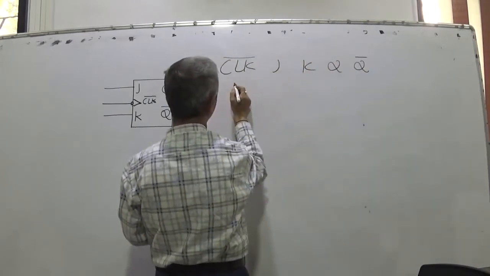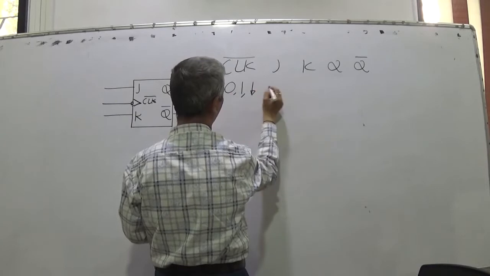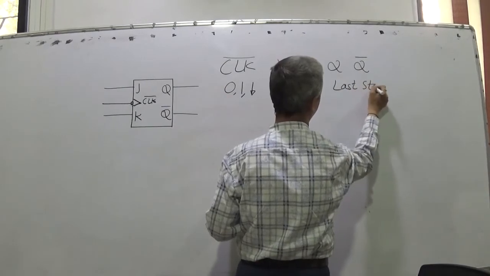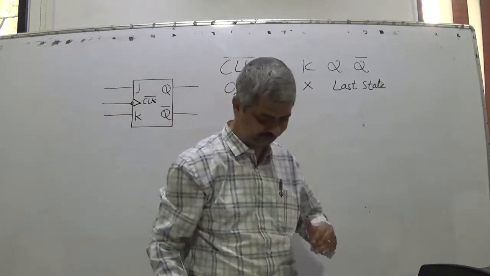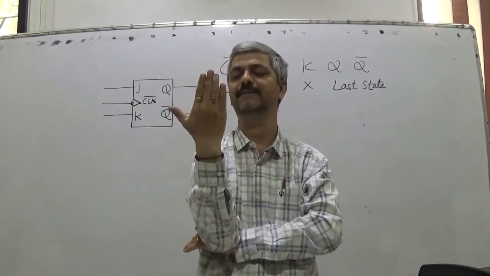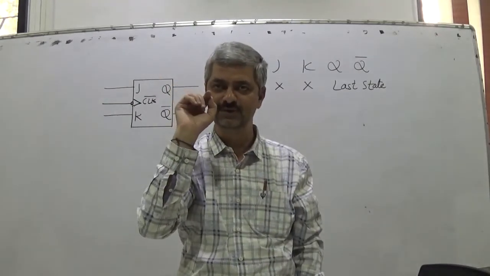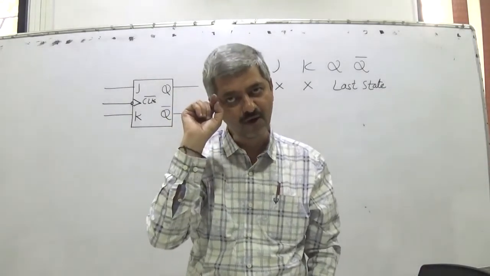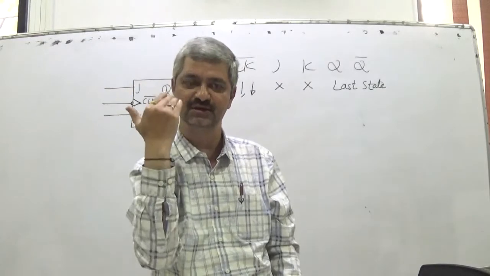When clock bar is 0, when clock bar is 1, when clock bar is going down, irrespective of J and K, the last state is maintained. Just like we have a mobile camera, when you want to capture some picture, you press your finger on some button, so whatever is on the other side is captured.